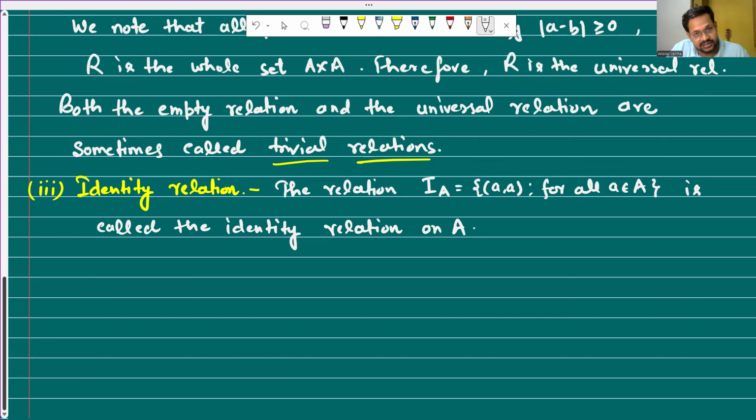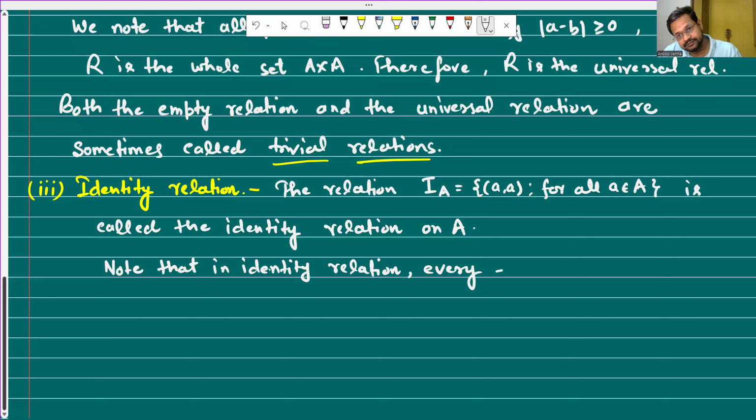So note that in the identity relation, every element is related to itself only.